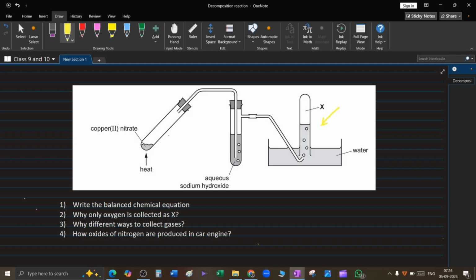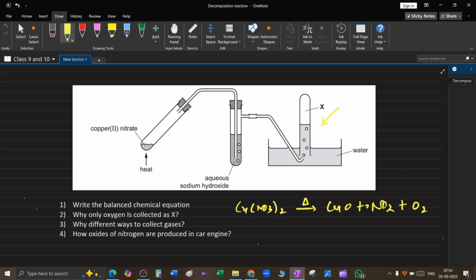It is as simple as the decomposition of lead nitrate into lead oxide, as well as nitrogen dioxide and dioxygen gas. So I will not go much in depth for this. It gives copper oxide plus nitrogen dioxide plus O2. Now copper is balanced, nitrogen is not balanced.